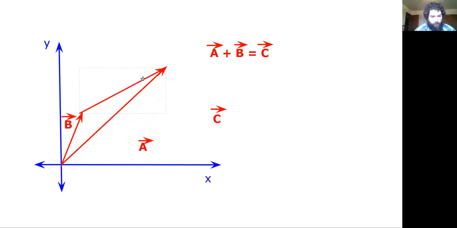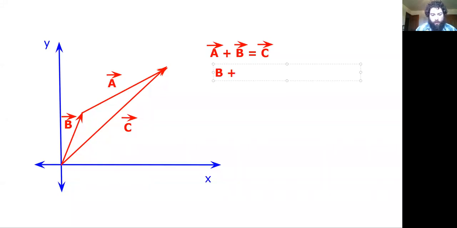And I can take this vector A, put it tip to tail, and that's how you always measure it. Tail to tip. So then it's A there. And that's C there. And if we look at it, that's the same as going from the origin to B and B to A. So that's the same as B plus A is going to equal C.